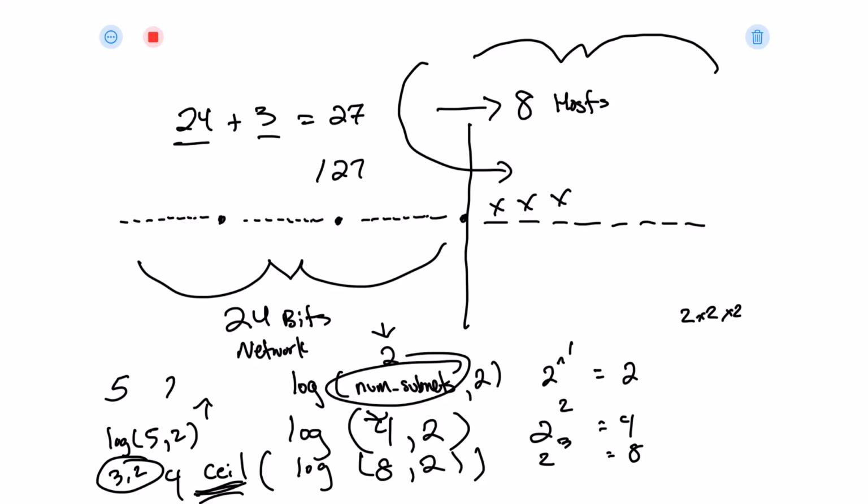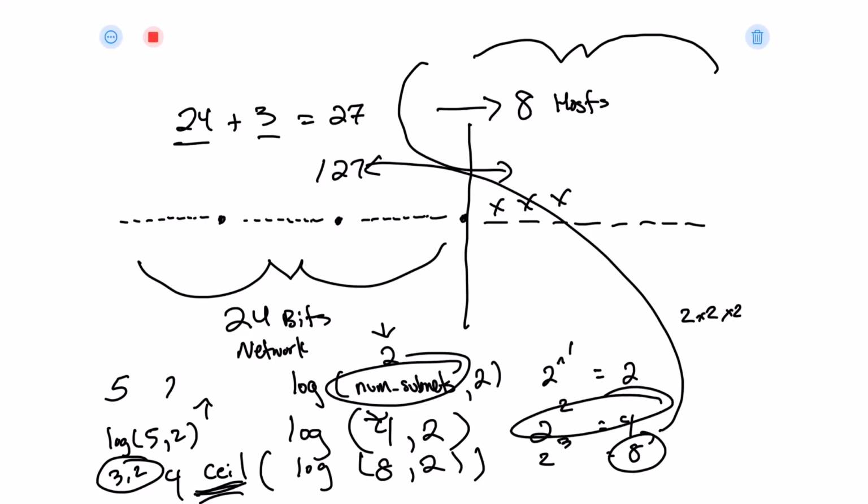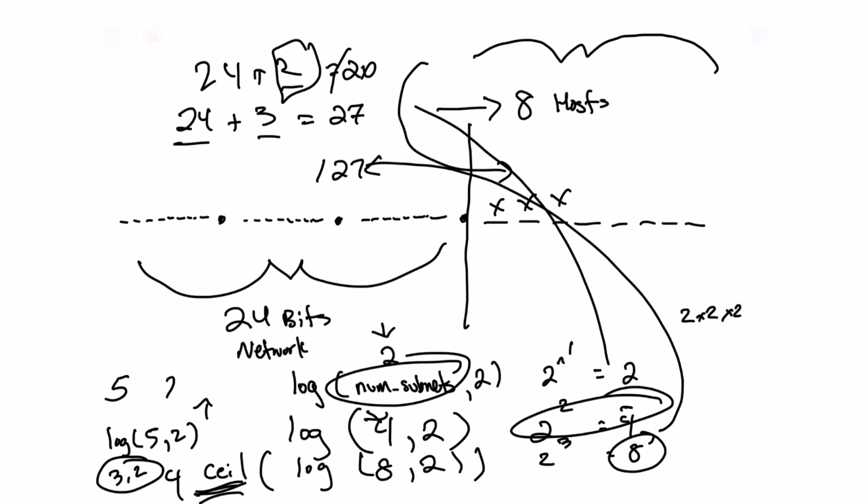And so that's going to be basically 8 subnets that are all /27. You know, again, if we would have picked /26 or 2 extra bits, 24 plus 2, that value there, then we're going to have 4 /26s. So that's really these next few lines of code.